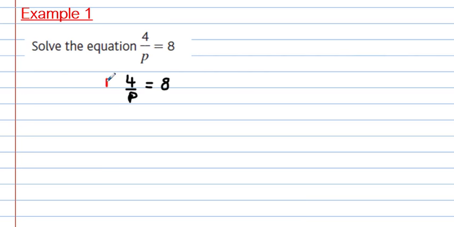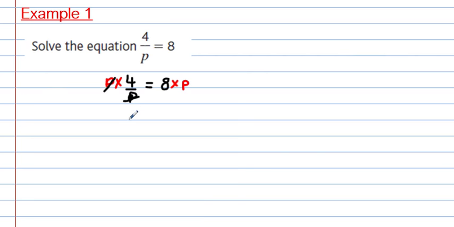Okay? So you have that, and then you have that. You have to multiply both sides by p. Now we tidy up. P divided by p, so that p will cancel out that p. That's the whole point of multiplying by p, so that I can get rid of the p at the bottom there.